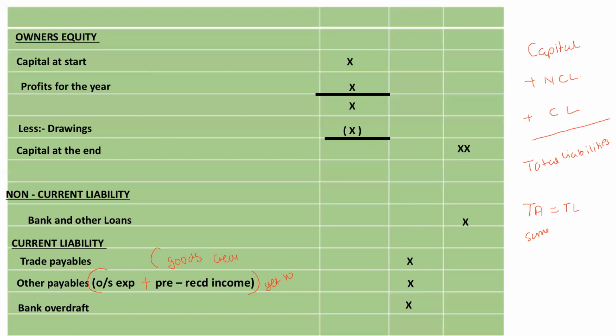You have more than one current liability, so you are adding in the second column. Add all the three, take it to the third column. Your owner's equity plus your non-current liability plus your current liability is going to give you your total liabilities.